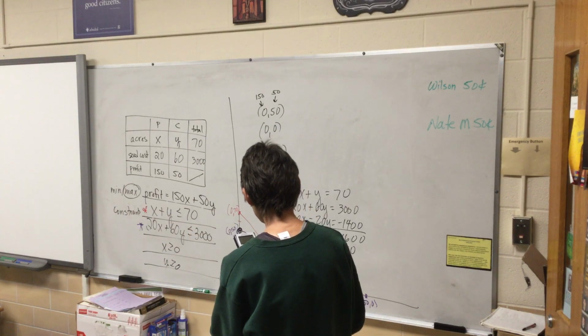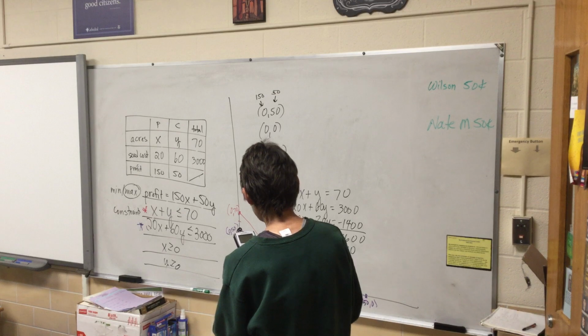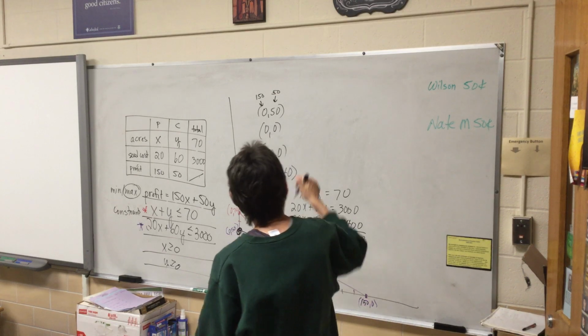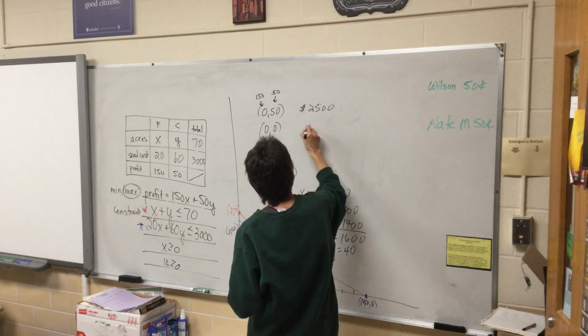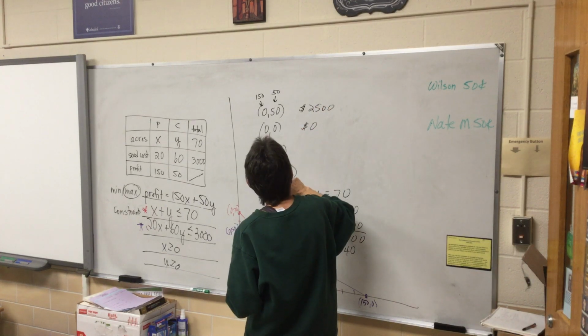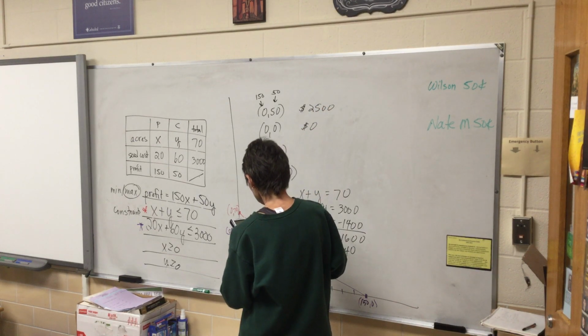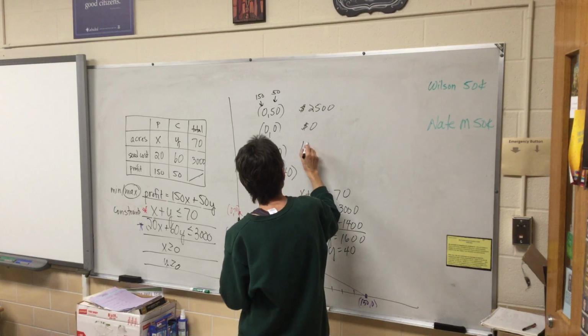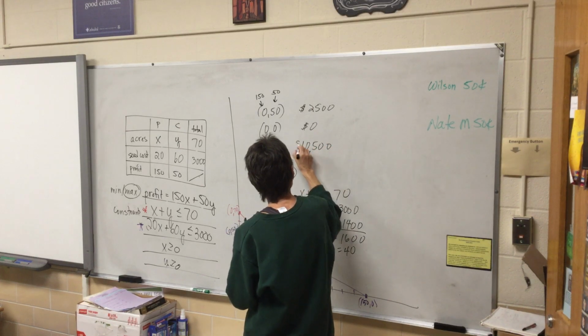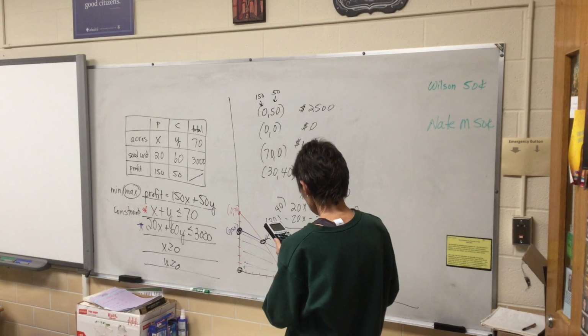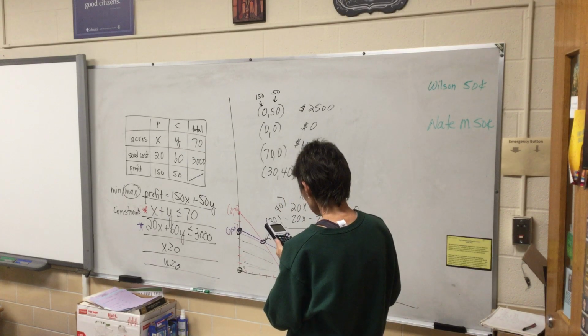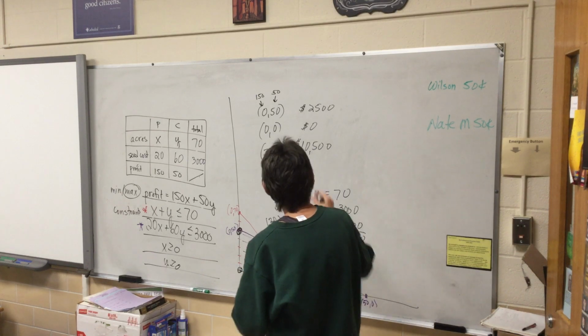So 50 times 50 is 2,500. That's 0. 150 times 70 is 10,500. And 150 times 30 plus 50 times 40 is 6,500.